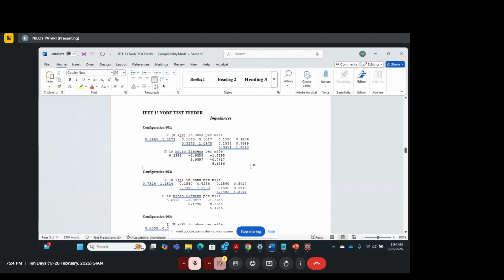Now line charging capacitance is pretty small. It's very small, so you can pretty much neglect this part. When you model distribution systems, you can neglect this B part, because line charging capacitance is very important for transmission systems. The reason is that transmission systems are long and have very high voltage, right?